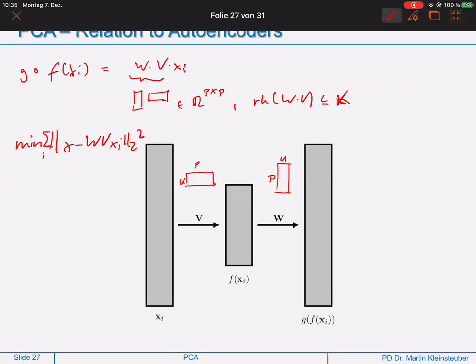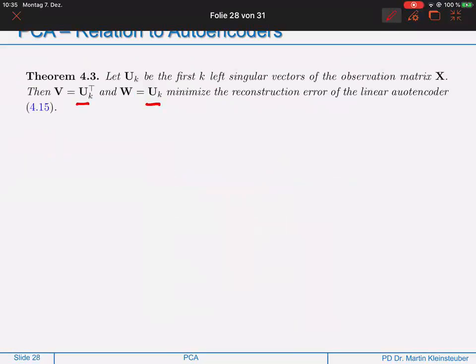This is what we do if we want to measure the expectation of the squared difference of the input and the output. This is the linear autoencoder.